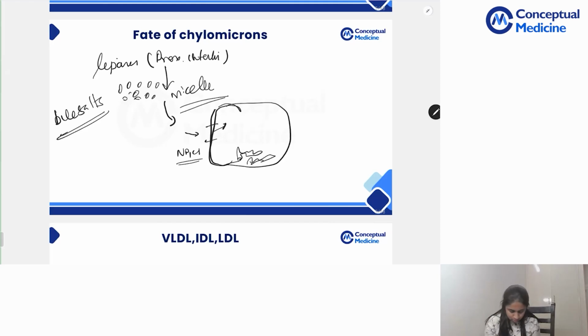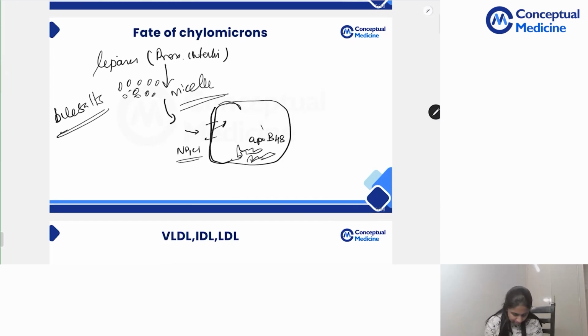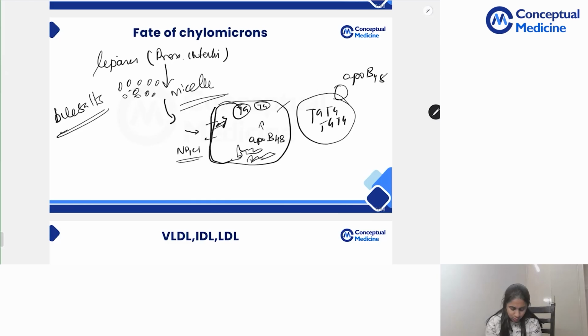So ApoB48 is produced by the endoplasmic reticulum, and these small lipid particles, that is the triglycerides that you have got, are slowly aggregated, and finally this triglyceride-dense lipid particle attached with ApoB48 is now secreted into the lymphatics.